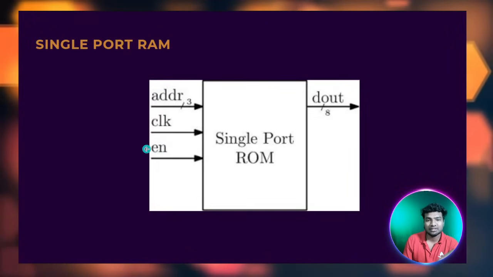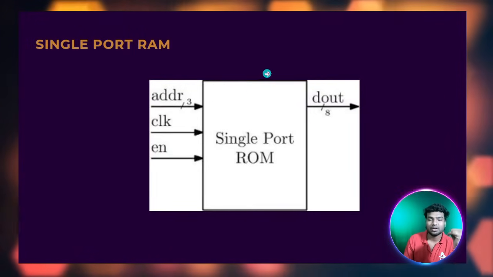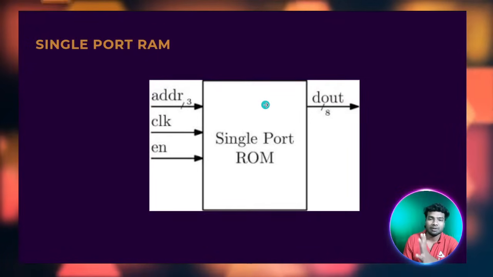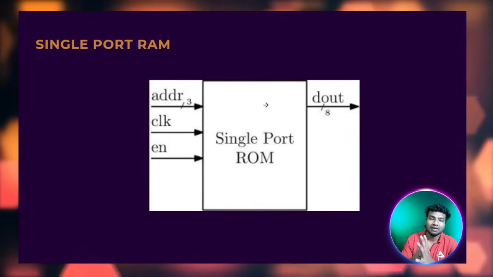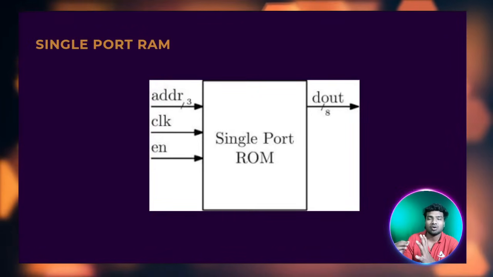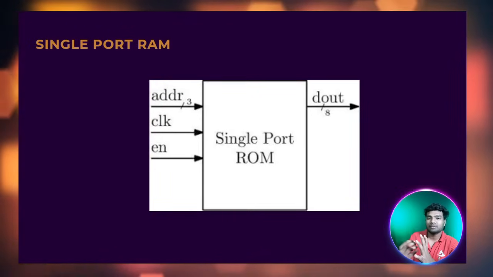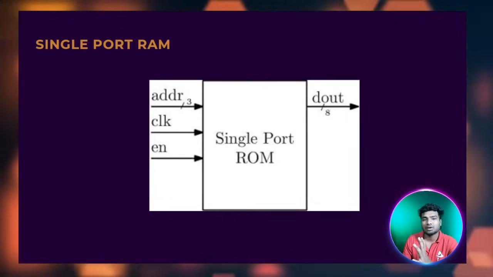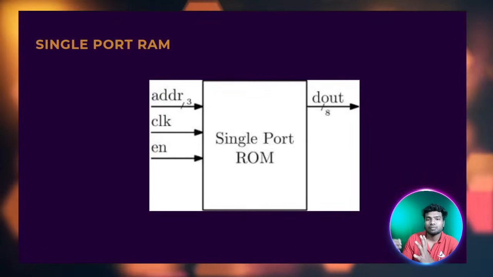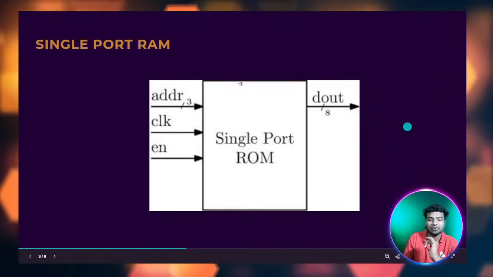If it is low, I can read from the RAM. So RAM is a memory we can read and write, and that is its main purpose. We read and write by using the address: we can read from a particular address, and by using the address we can write to a particular address. This is how RAM works.